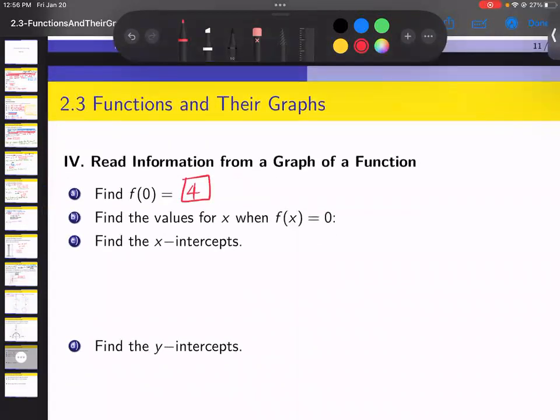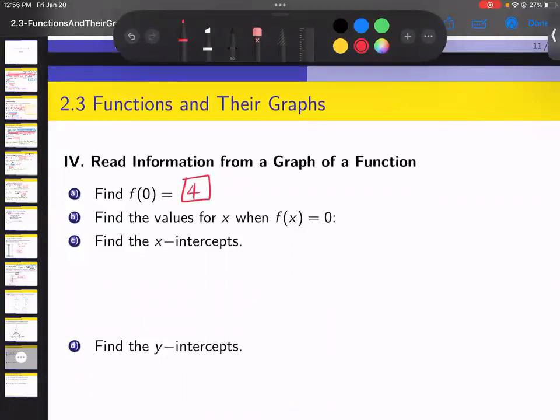Find the values for x when f of x is 0. Now the reverse engineering. I give you the height, I want you to find the width, x. Yeah, -4 and 4, right? That's your x-intercept.